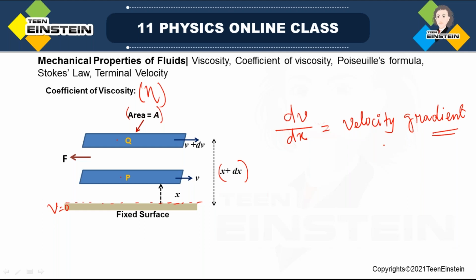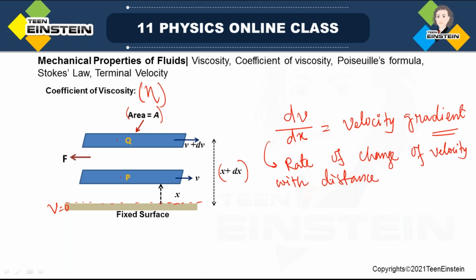So this is the velocity gradient of the liquid. This is actually the rate of change of velocity with distance, in the direction of increasing x or increasing distance.